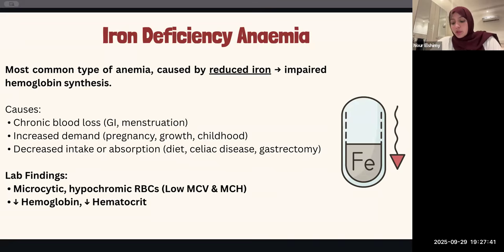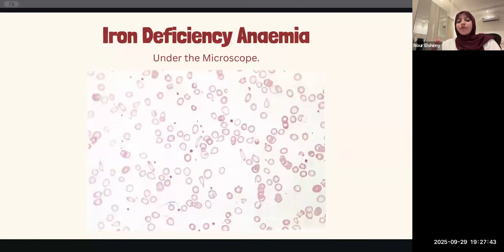All right? Okay. Now, if I want to observe iron deficiency anemia under the microscope, this is what you would probably see. So we have a lot of things going on here that could help us identify or classify anemia as iron deficiency anemia. And one of the very important things that I already mentioned is it being microcytic and hypochromic.